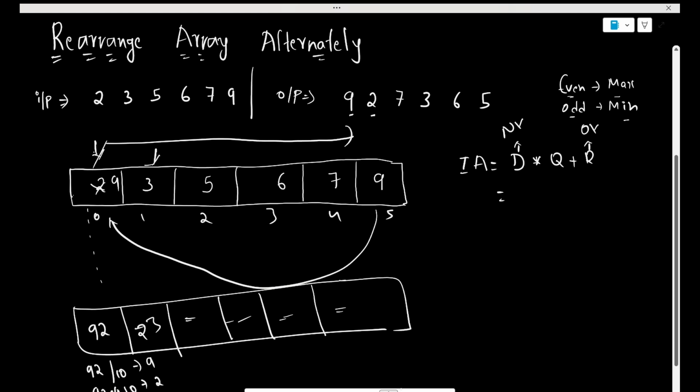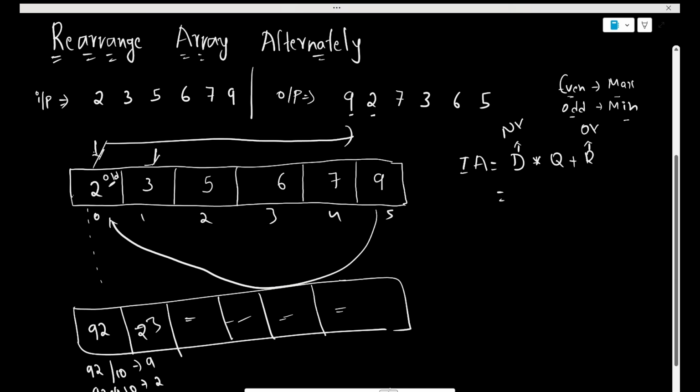In the first case, we are filling the 0th index. In the 0th index, what is the first present integer? 2. So this is the old value.